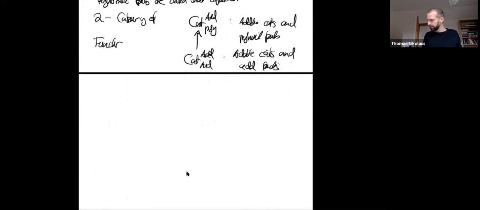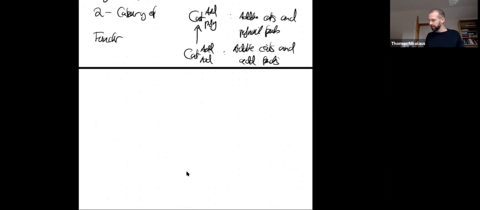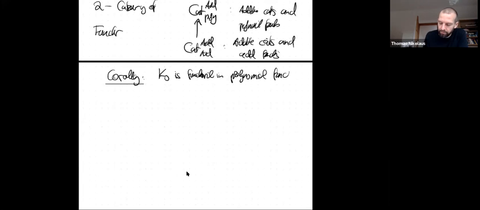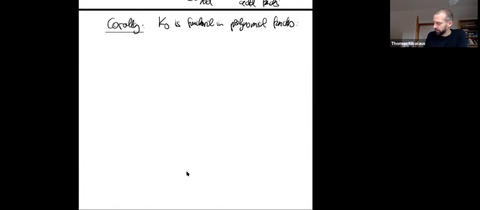And I guess now with this notation, we can draw an immediate corollary from the theorem about group completion being universal for polynomial functors. That's the following, namely it says K0 is functorial in polynomial functors. What does this mean?